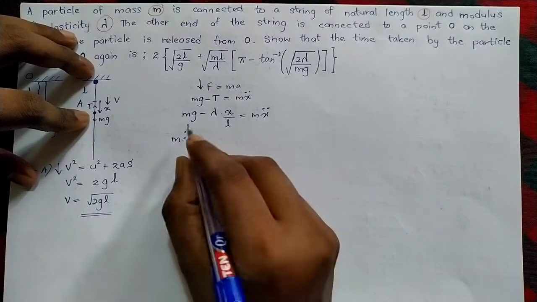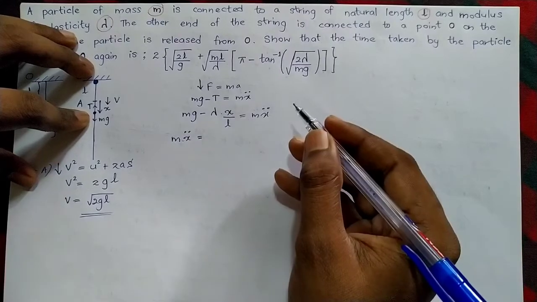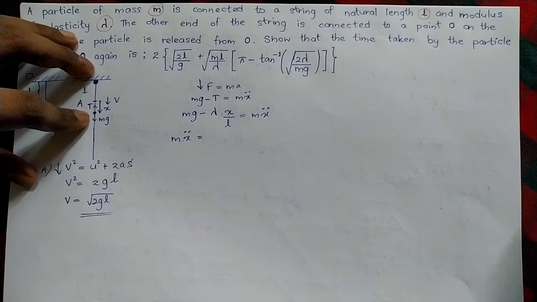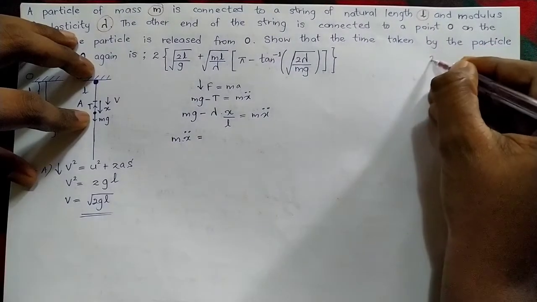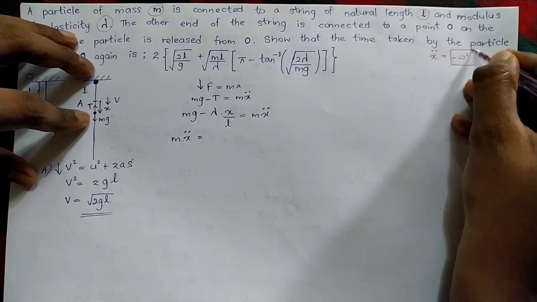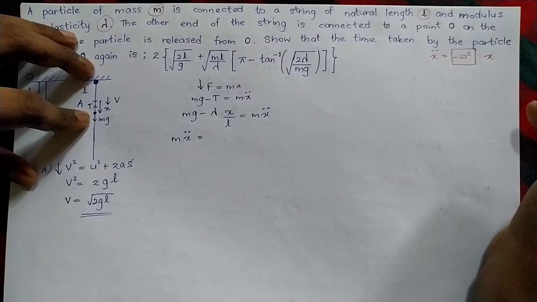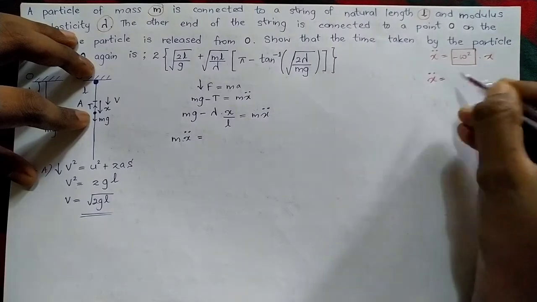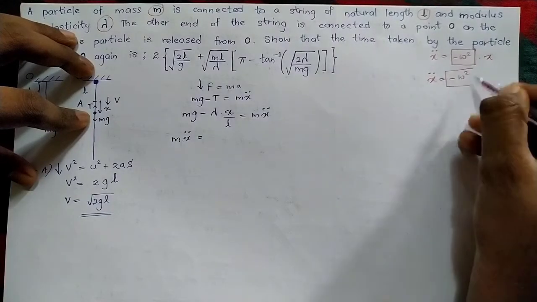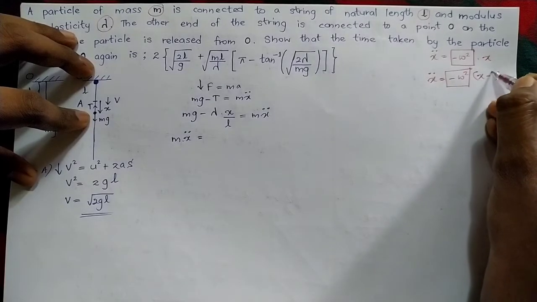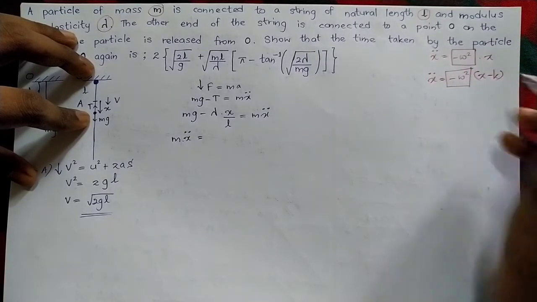And here mg minus lambda x over L. You know our characteristic equation is in this form. A constant to be determined into x. Sometimes this can be given, not sometimes actually, in most of the cases you have this kind of an expression here, x minus a constant.